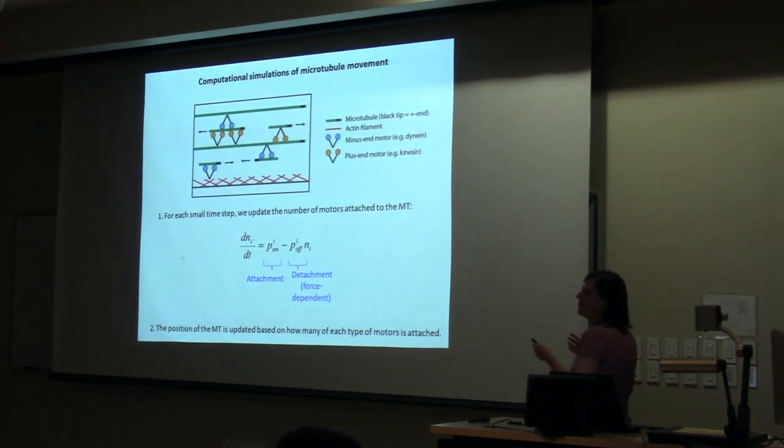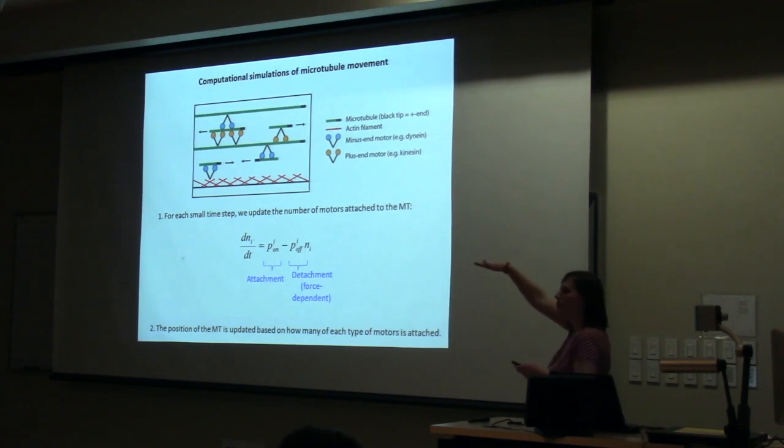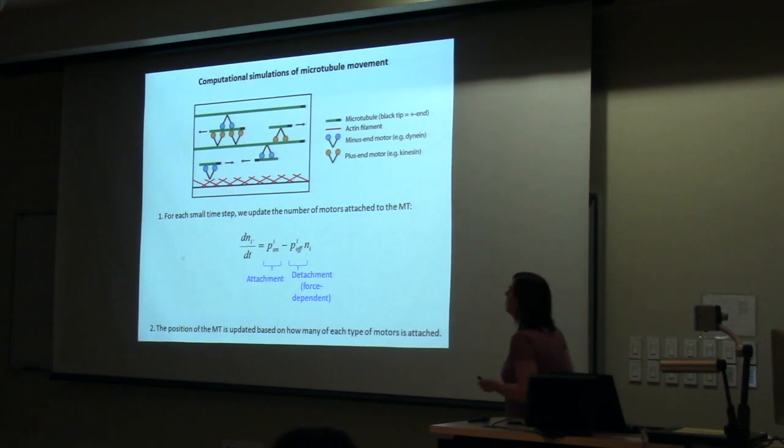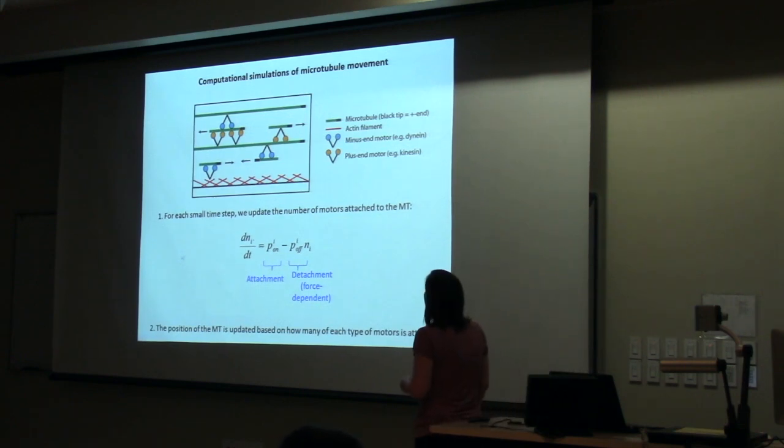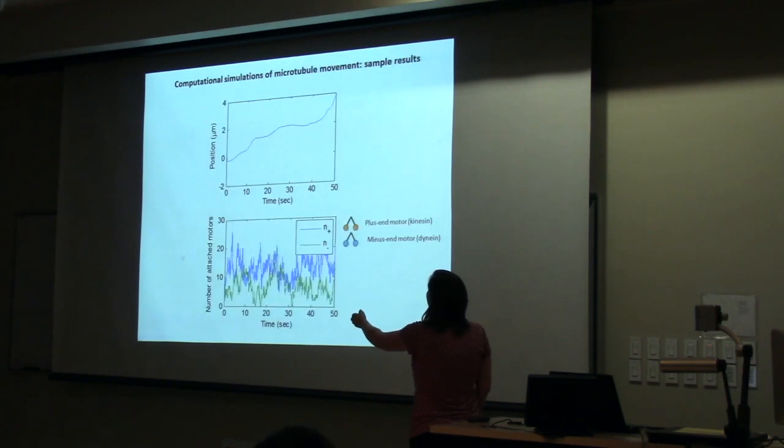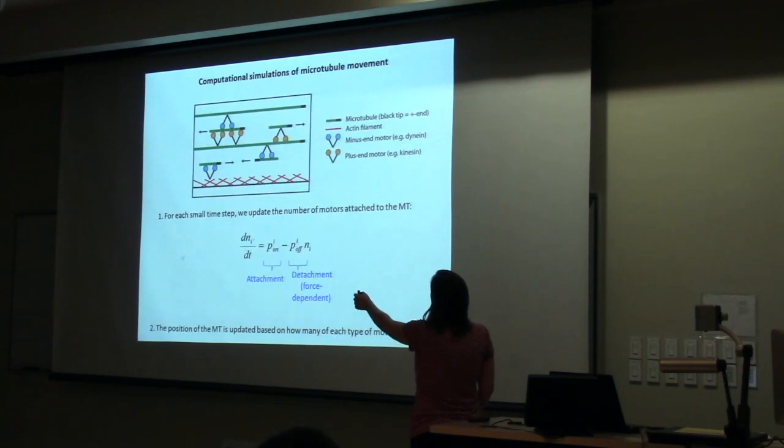So I wanted to simulate this scenario, taking a look at a microtubule where different types of motors can attach and detach with certain probabilities. The way that I approached it was to say that we can have minus-end-directed motors like dynein and plus-end-directed motors like kinesin, and we want to simulate the movement of one microtubule.